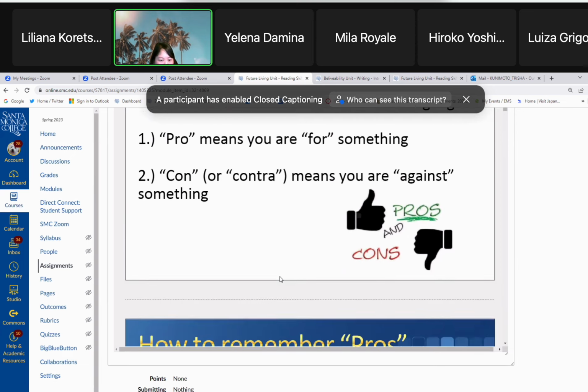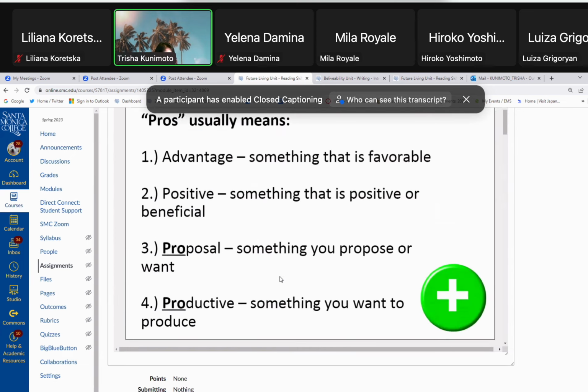Okay. And then pros, usually we're looking for advantages. Okay, something on the positive side. Sometimes we go with the word proposal. Somebody is proposing something they want or they're for, or productive, something that they want to produce.